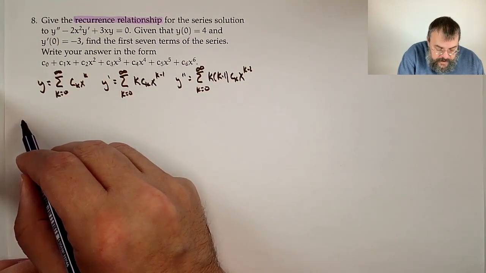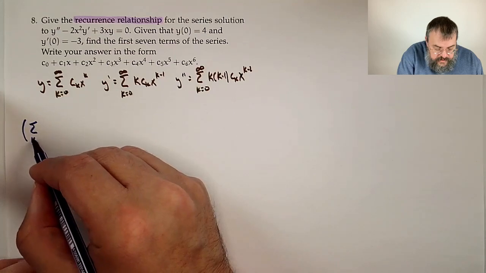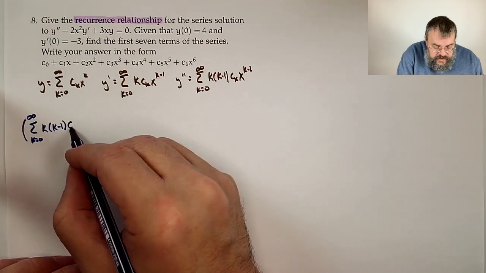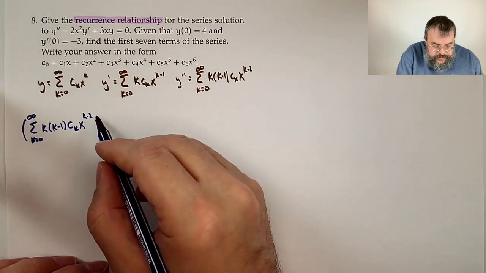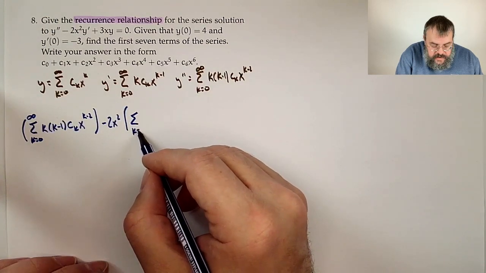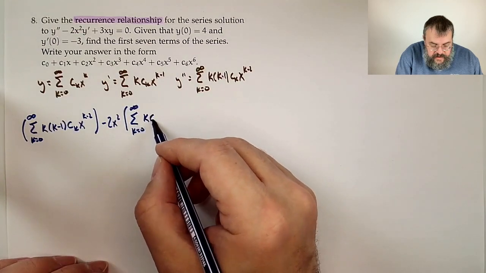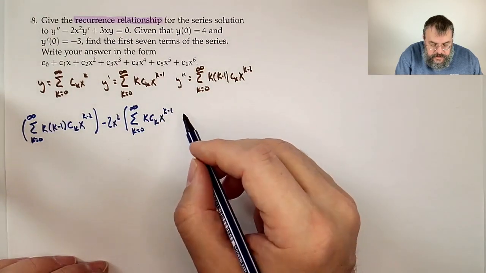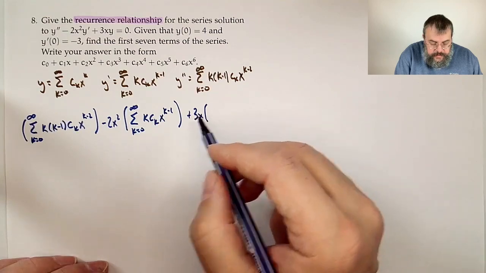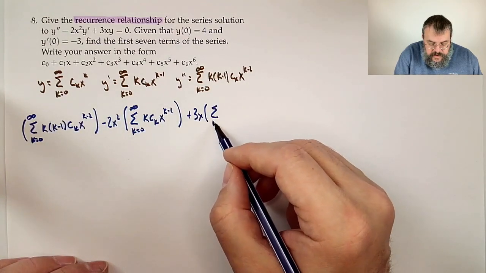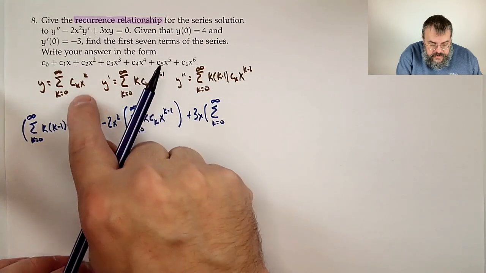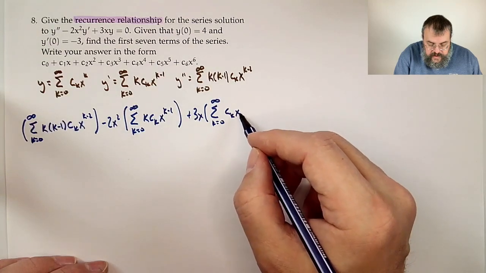I start with y double prime: the sum from 0 to infinity of k times k minus 1, c sub k, x to the k minus 2, minus 2x squared times y prime, the sum from 0 to infinity of k c sub k x to the k minus 1, and plus 3x times your y, the sum k equals 0 to infinity of c sub k, x to the k.